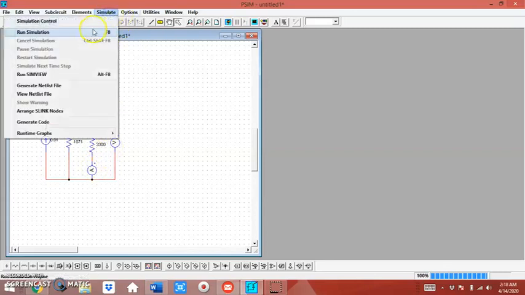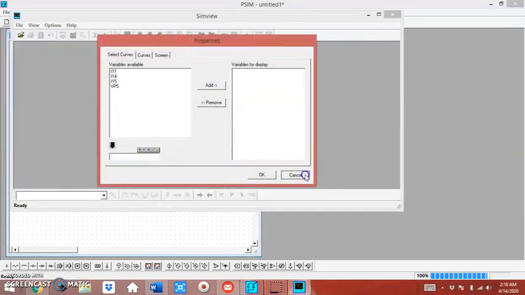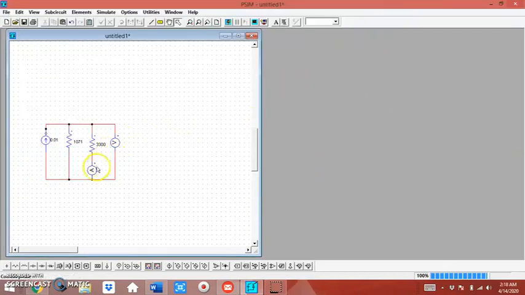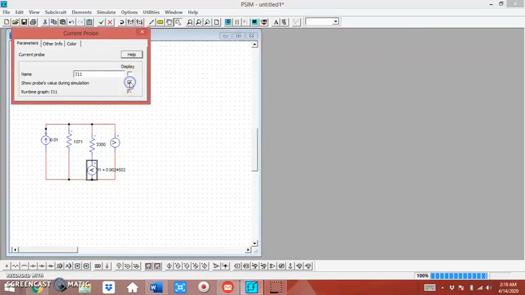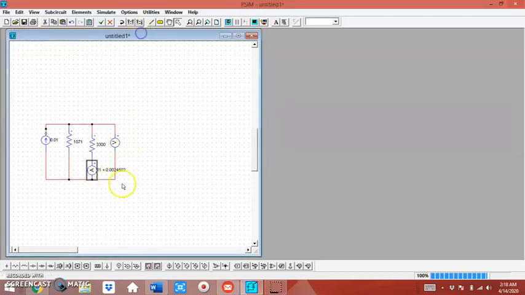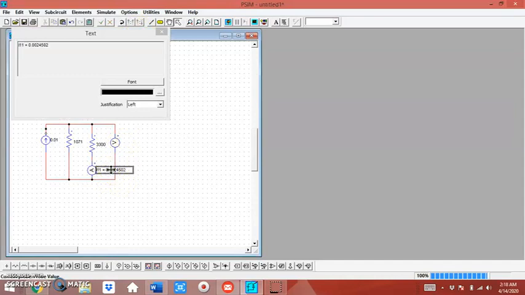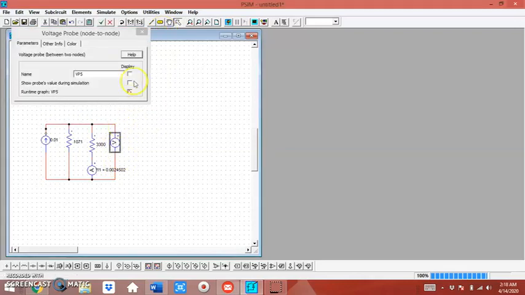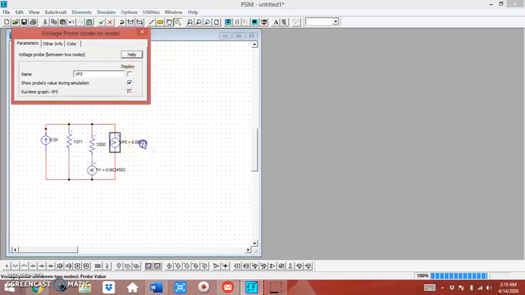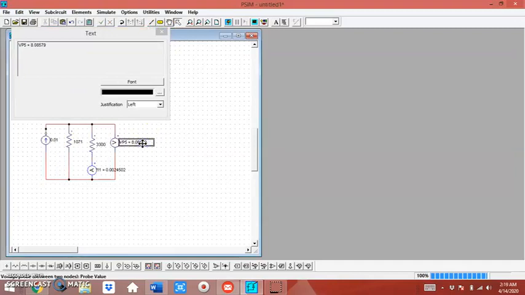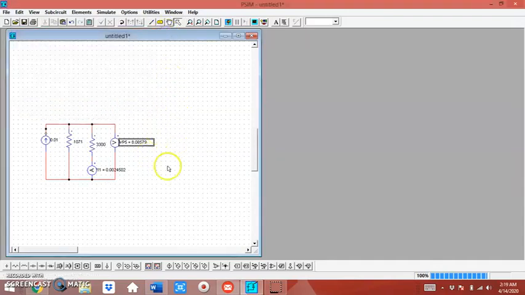Now let's measure the current and the voltage. So let's simulate the circuit. The current is 2.4502 milliampere, and the voltage is 8.08579 volt. That is for the voltage.